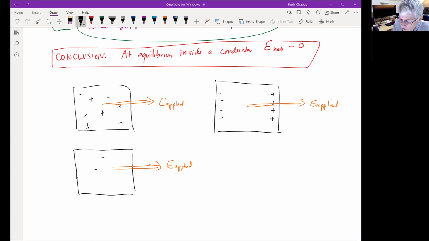So all of our chloride ions are going to move that way, and all of our sodium ions, oops, I want to make those green, are all going to move a little bit that way, and some of them are going to run into the wall. So we're actually going to get a few negative ions over on this wall, and we're going to get a few positive, I'll draw them plus, positive ions on that wall.